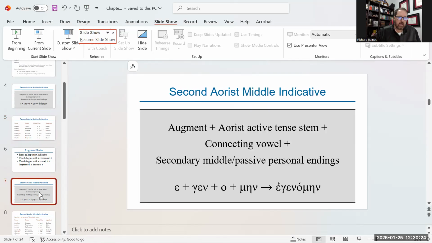Now let's look at second aorist middle, which is going to be translated similarly. I'm trying not to get in the weeds because I just want you to focus on what's the most important to get through the translations.